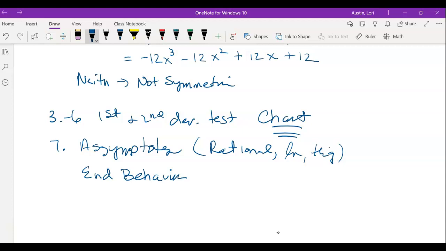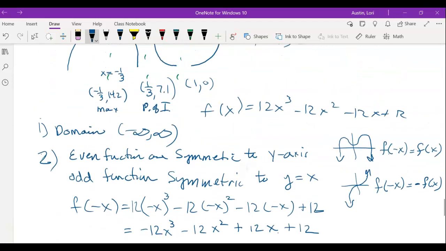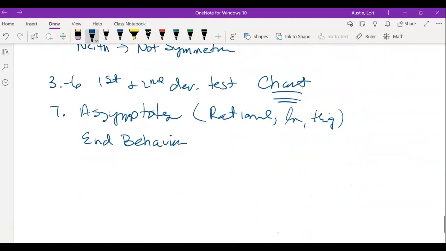In this case, our function is an x cubed function. Leading term is a positive x cubed term. So that means my end behavior goes like this.